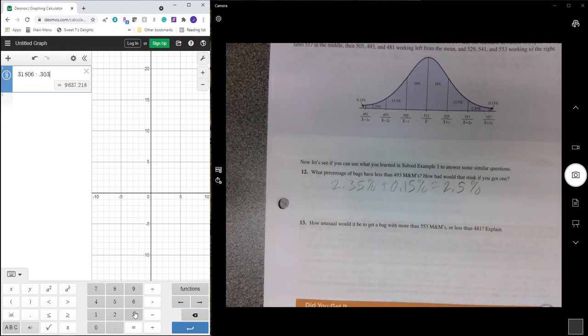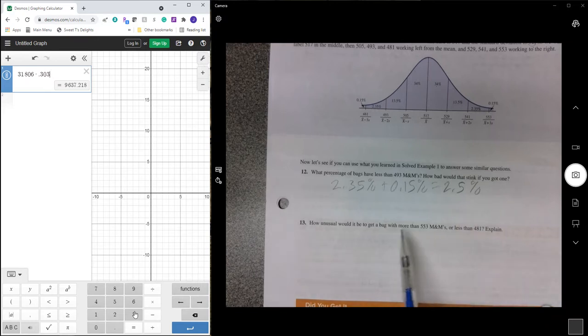Okay, next. It says, how unusual would it be to get a bag with more than 553 M&Ms or less than 481? If you look at it, they said, how unusual would it be? So we need to add those percentages up.